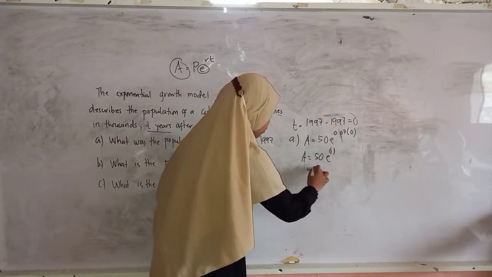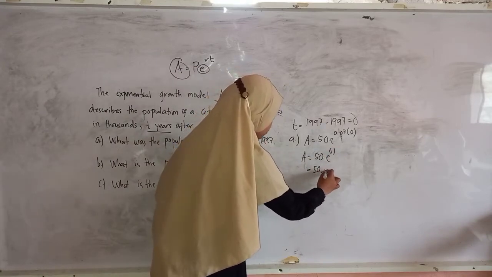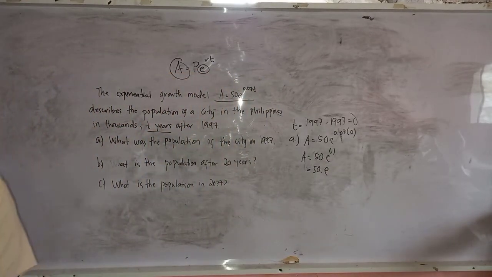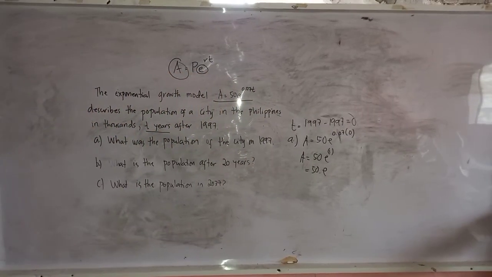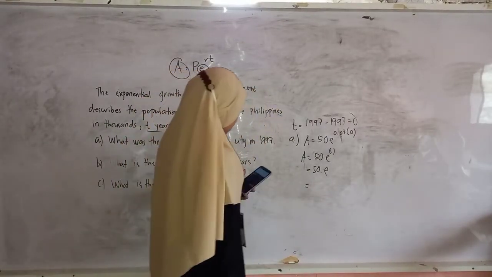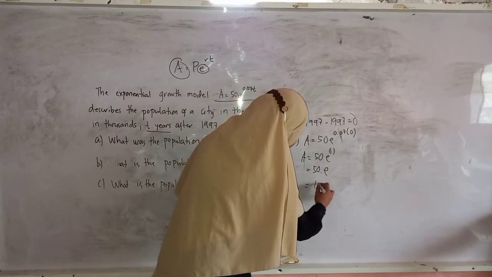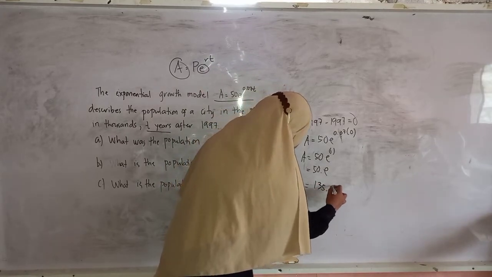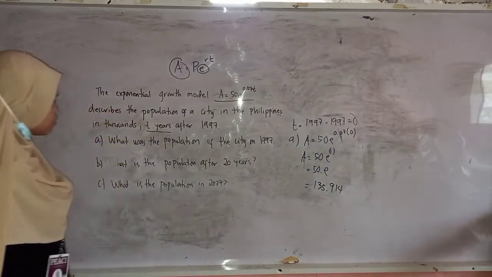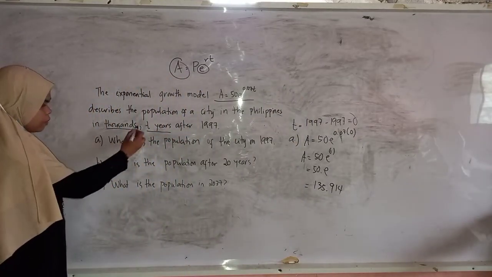So, this is equal to 50 times e because e to the power of 1 is equal to e. Okay. So, by using calculator, 50 times e, that is equal to 135.914. So, three decimal places because the given problem is in thousands.